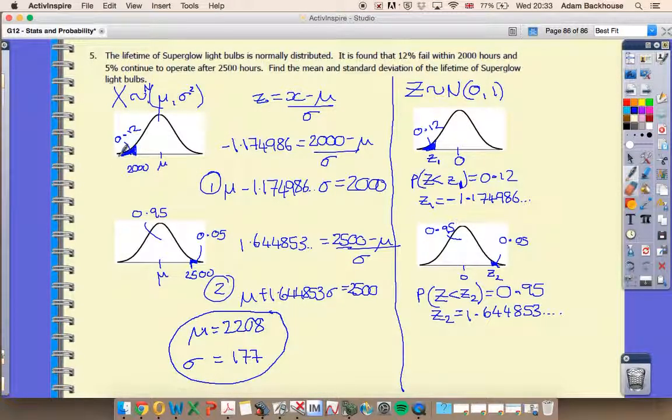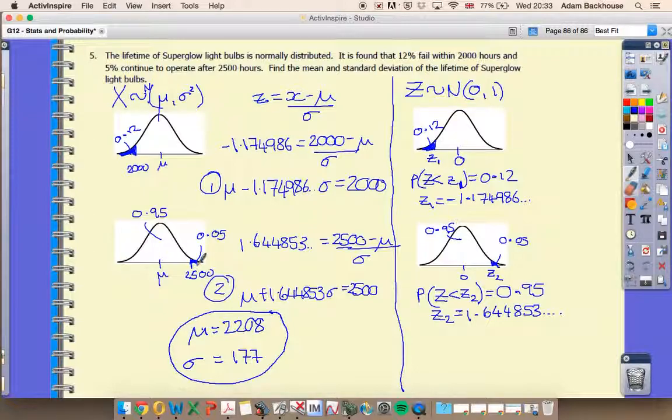We have a lower limit of negative infinity, upper limit of 2000, we've got a mean and a standard deviation, and when we put that information in we should get an answer very similar to 0.12. It probably won't be exact because there's been rounding along the way, but once you round the answer, it should round very close to 0.12. And of course you could check it with the second one as well.